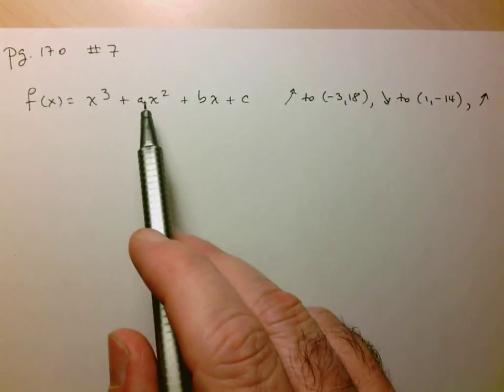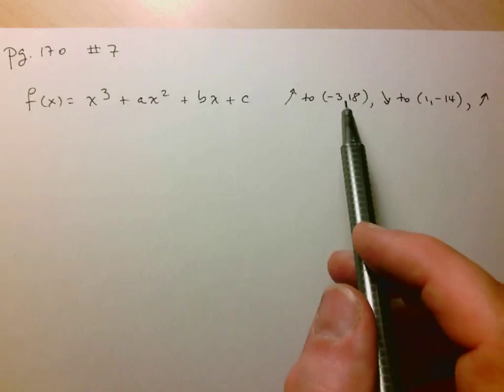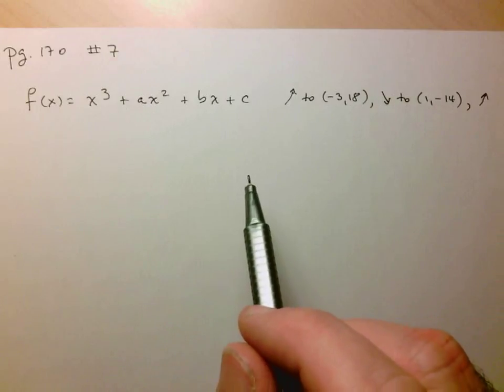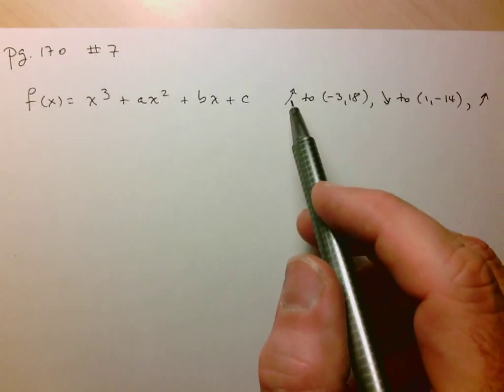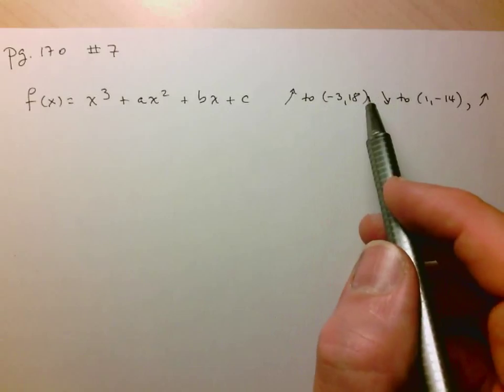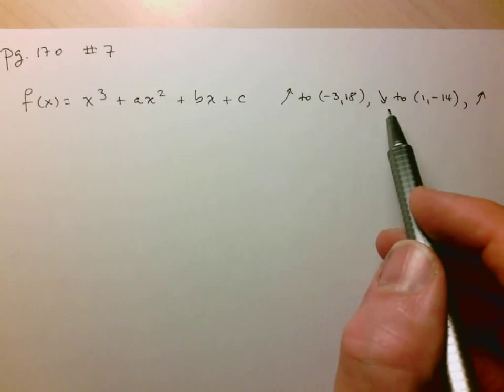So here we have 3 unknowns, so we need at least 3 pieces of information. We already have 2 because we know points on the curve. Okay, and you have to think here that if the function is increasing to this point and decreasing, that means that the derivative must be going from positive to negative.